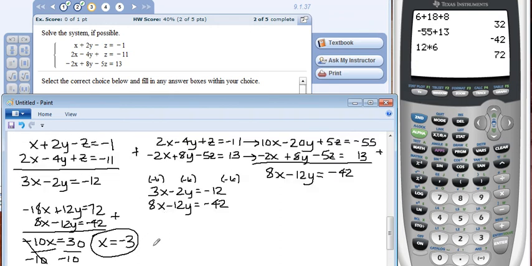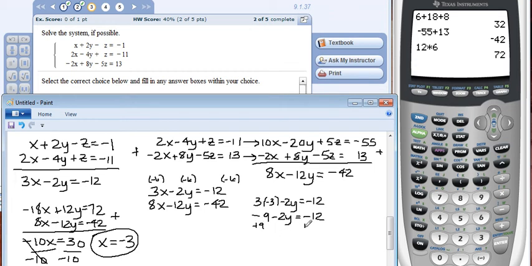Now, I'm going to go back to either this equation or this equation and throw my x in, and I can find my y. I don't want to go back to any other equations because I've got that z in there. It's going to mess me up. So I'm going to just randomly pick this one, and I'm going to put my answer of negative 3 back in here, and find out what y is. So I've got 3 times negative 3, that's x, minus 2y is equal to negative 12. So I've got negative 9 minus 2y is equal to negative 12.